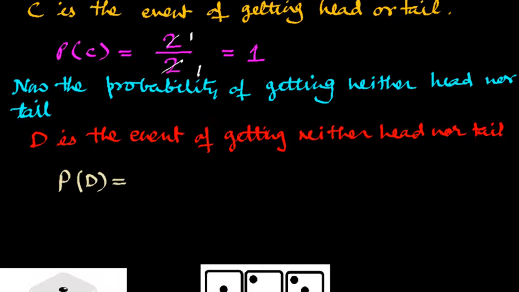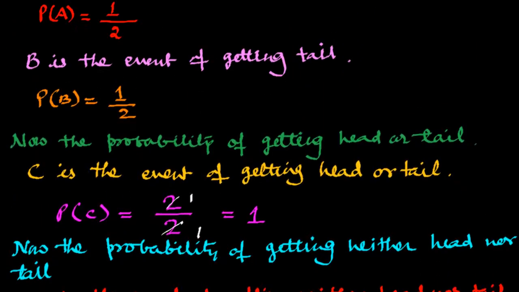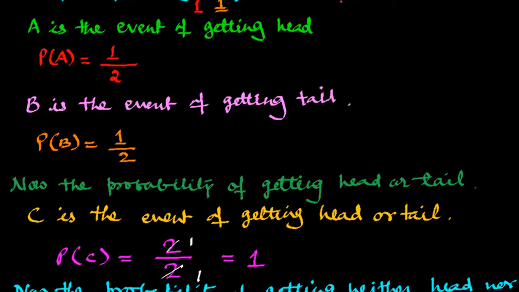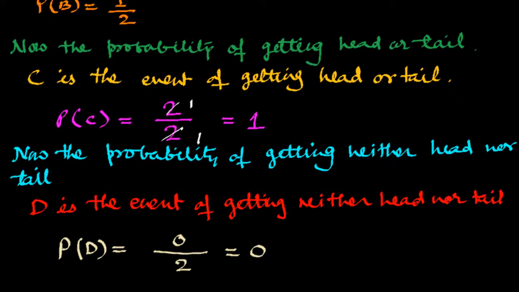So we write 0 for favorable outcomes, and the total number of outcomes is 2, so we get 0. We have seen that the probability of getting head is 1 over 2, getting tail is also 1 over 2, getting head or tail is 1, and neither head nor tail is equal to 0.